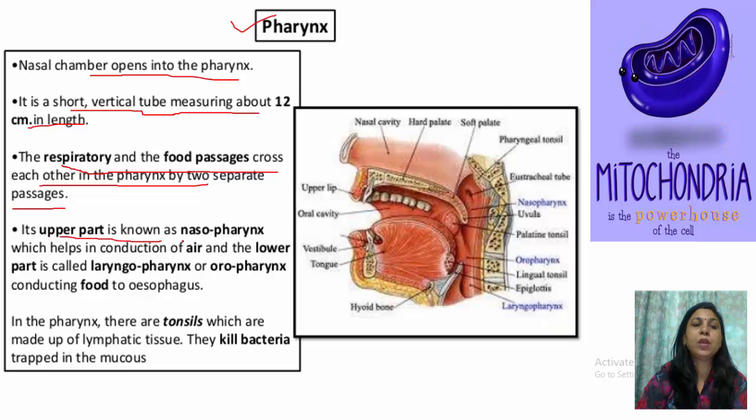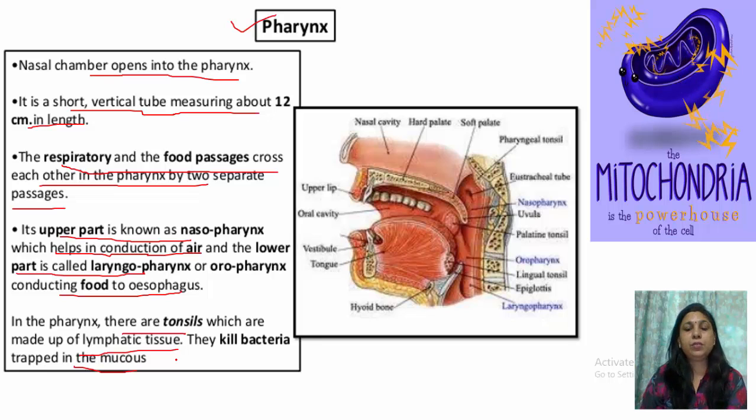Its upper part is known as the nasopharynx, which helps in the conduction of air, and the lower part is called the laryngopharynx or oropharynx, which conducts food to the esophagus. In the pharynx, there are tonsils, which are made up of lymphatic tissues. And what is the function of lymphatic tissue? They kill bacteria trapped in the mucus.